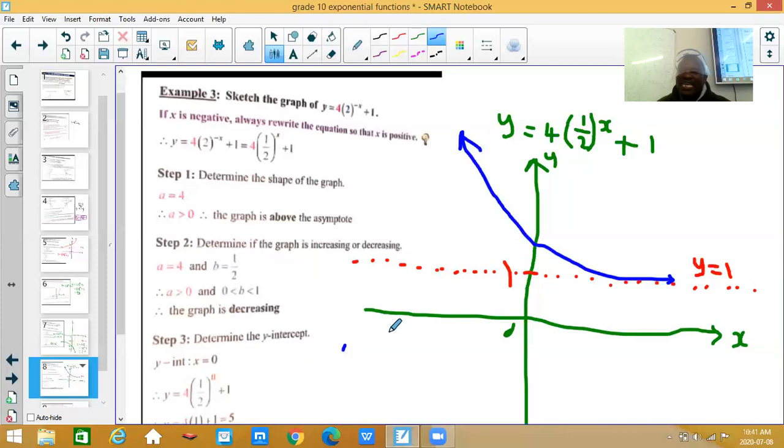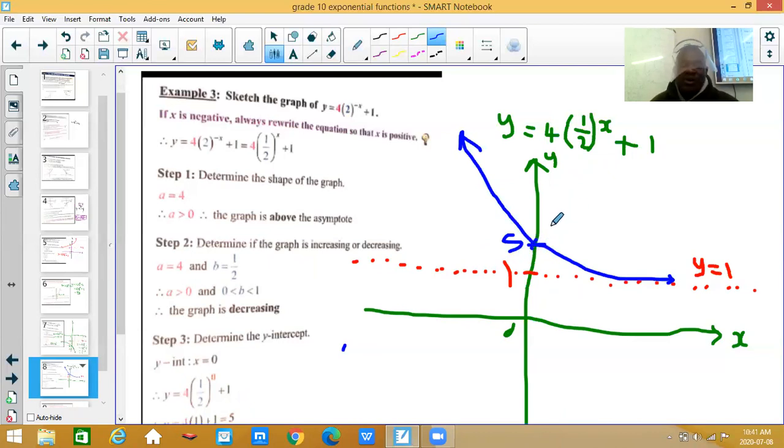So meaning to say, this one, it cuts at what number? At 5. Are you getting it? It is cutting at 5. Right, since it cuts at 5, you have got this intercept where it is cutting at 5.